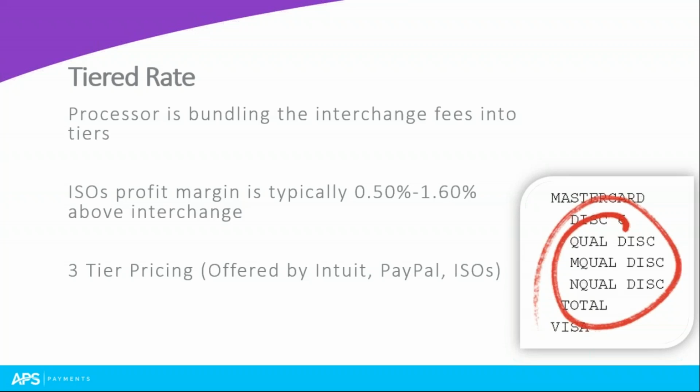Mid-qualified, any card that falls into this category receives an okay rate for card acceptance. It's not necessarily the best rate, but it doesn't really make you balk at the numbers. And then you have the third bucket, the non-qualified rate. That's any card that falls into that category receives a very high rate for card acceptance.